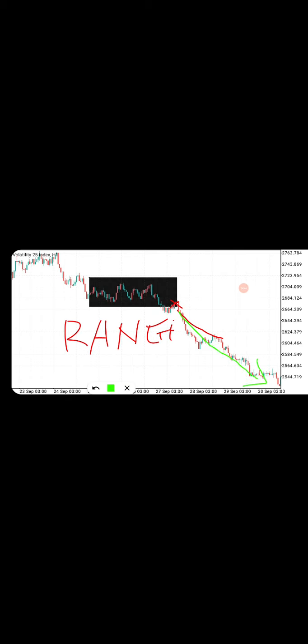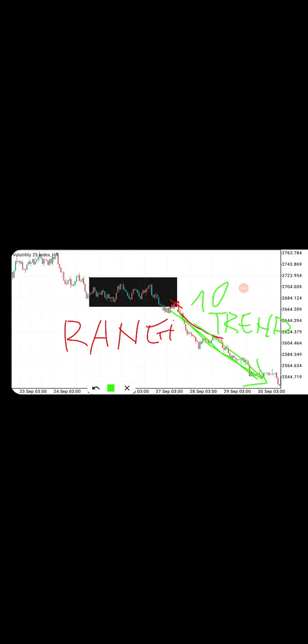Assuming that you are able to catch this kind of trend, you'll be able to make millions of rand or naira or whatever you want, based on the lot size that you use. For example, you are trading Volatility 25, and assuming that you put 10 lot size, guys, you'll be able to make millions, because you are trading the trend.